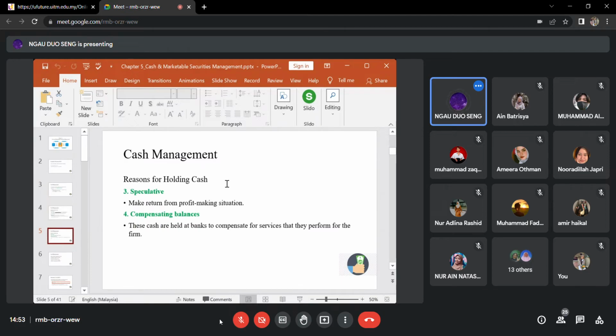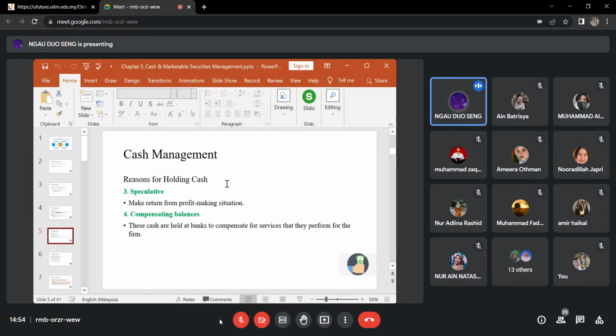Macam saving account, I think we need to maintain at least 5 ringgit, right? So for bank also they need to maintain a minimum amount in the bank account. Dia bukan just 5 ringgit. For company mungkin they need to maintain 100,000, 300,000 in the bank account minimum balance.